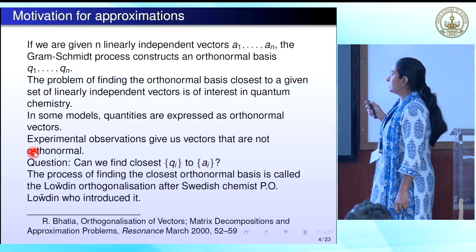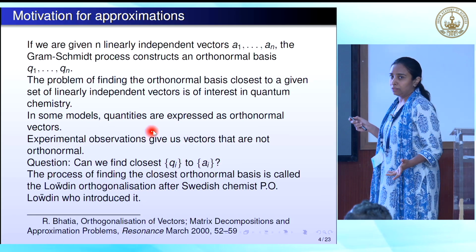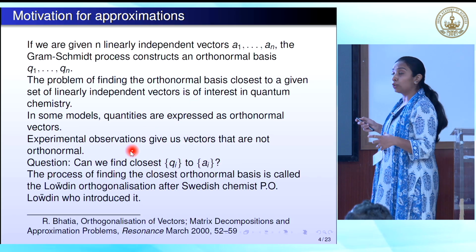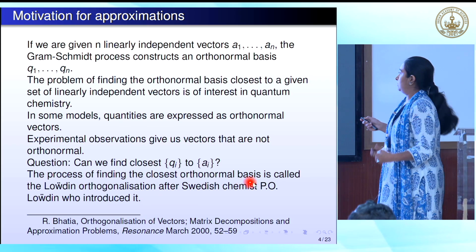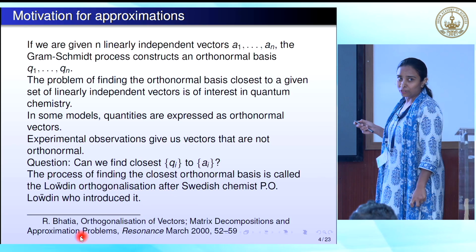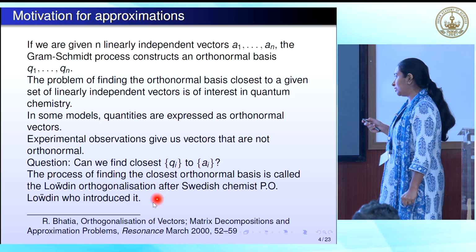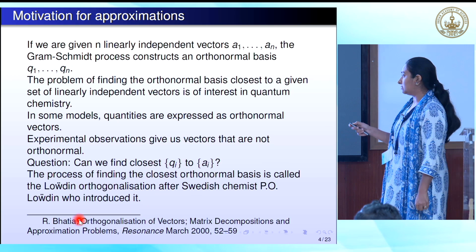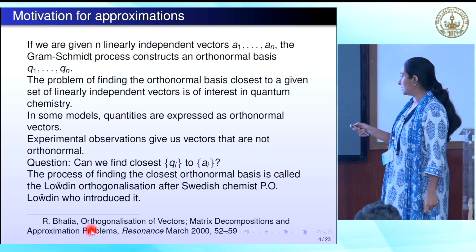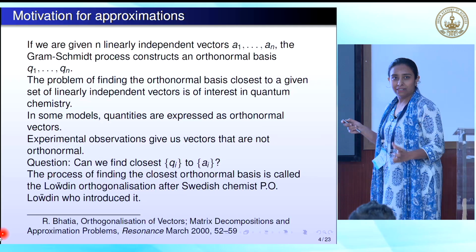But then experimental observations give us vectors which are not orthonormal. So I want to find something that is closest to my observation. And this was done by Löwdin through his orthogonalization process. If you have heard about it, good. If not, here is a very nice article by my supervisor, Professor Bhatia, in Resonance, where he explains all this and its connections.